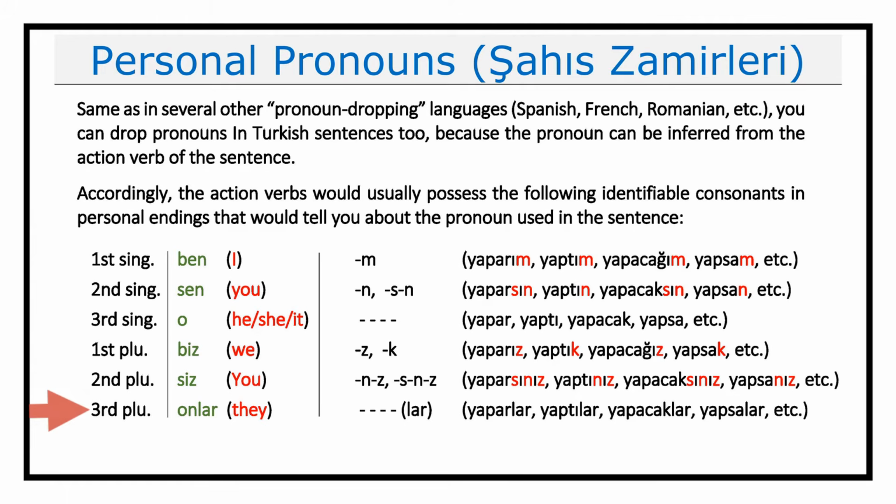Last, for the third person plural pronoun onlar, you again will not see any peculiar consonant or personal ending. The only ending that you have here is the ending lar, which makes the pronoun plural and distinguishes it from the third person singular pronoun o. So you see, there are no hidden rules, and every single pronoun is clearly identifiable from the action verb.